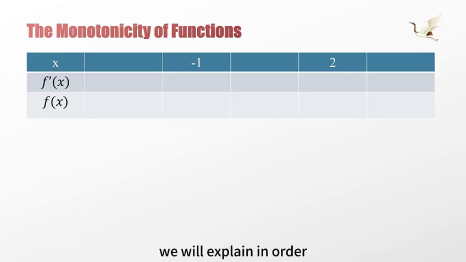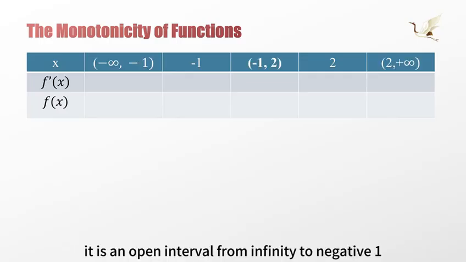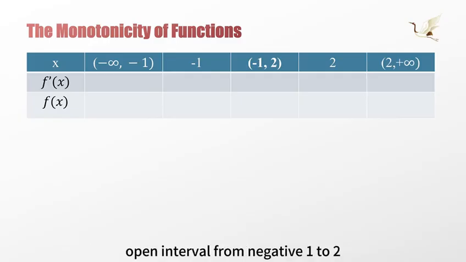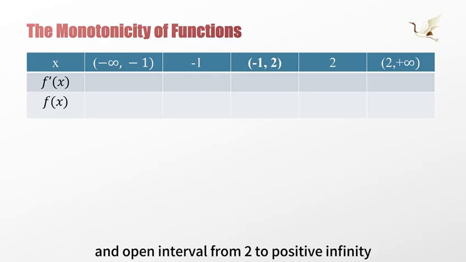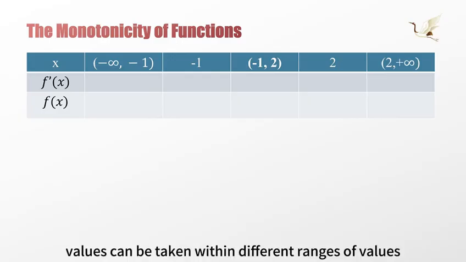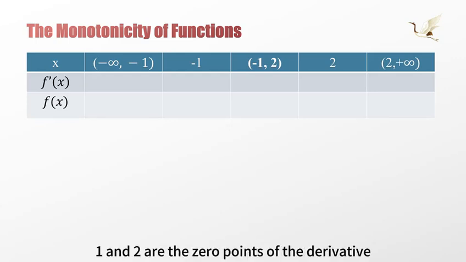We will fill them in order: the open interval from negative infinity to -1, the open interval from -1 to 2, and the open interval from 2 to positive infinity. Next, we fill in the derivative values, because -1 and 2 are the zero points of the derivative.